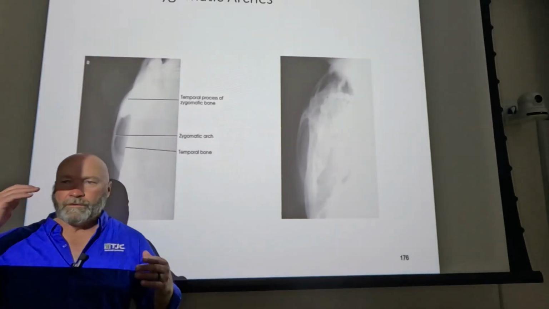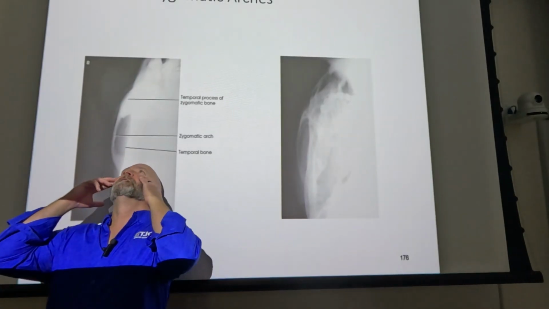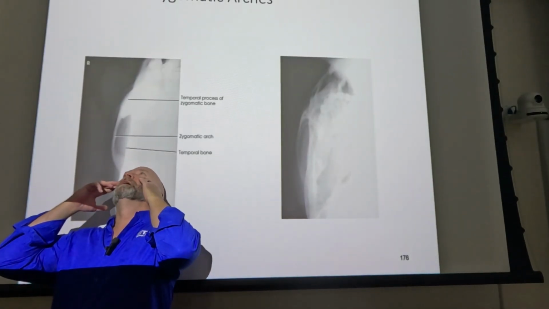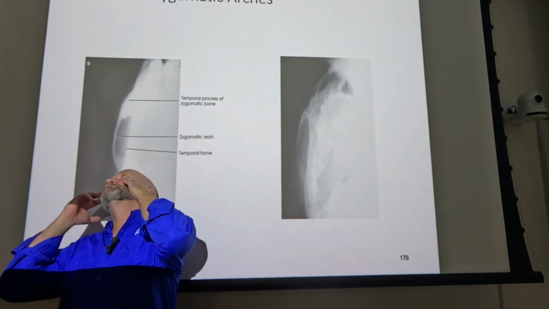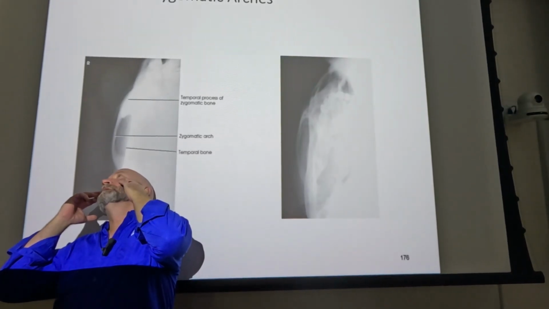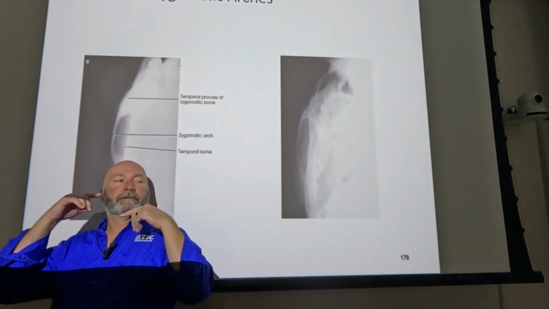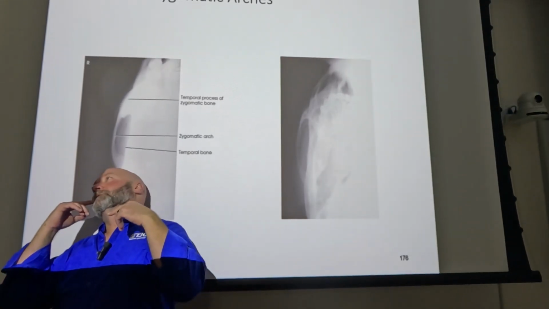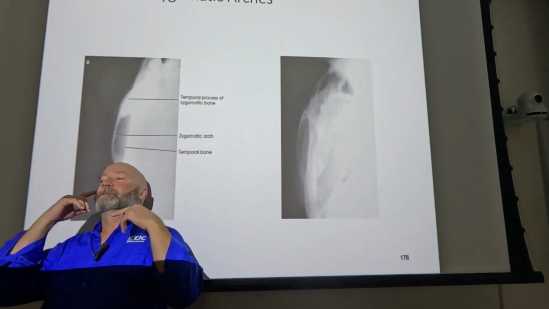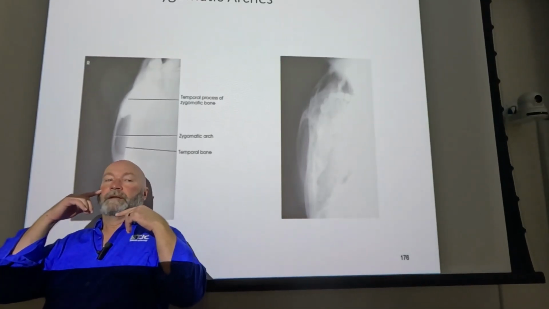So what you're going to do is tilt the head back, rotate 15 degrees towards the side of interest, and then tilt the head in the opposite direction. So it's rotation, and then it's tilt.